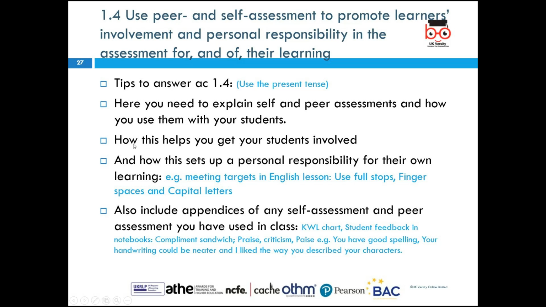So next, you're going to talk about how this helps you get your students involved, and then also how this sets up a personal responsibility for their own learning. Now, for a lot of ages of students, regardless of what their age is, you can set up responsibilities for their own learning. You can give them targets.